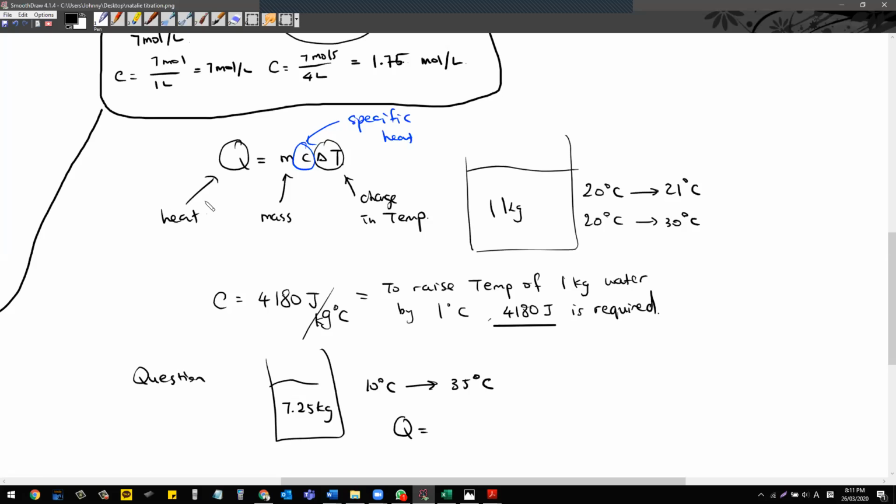You just have to use that formula. So that's 7.25 kilogram times 4,180 joules per kilogram Celsius. So just make sure that this matches that one, okay? Kilogram. I got 757,625.